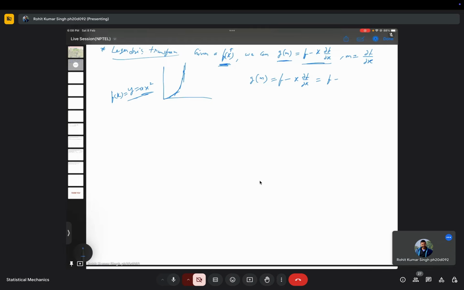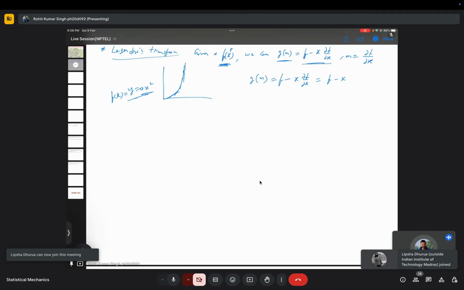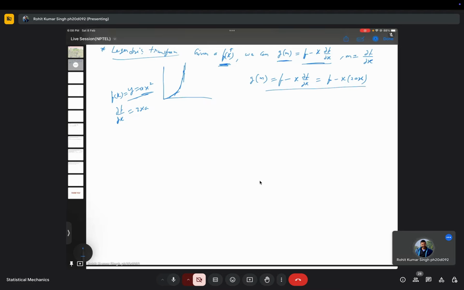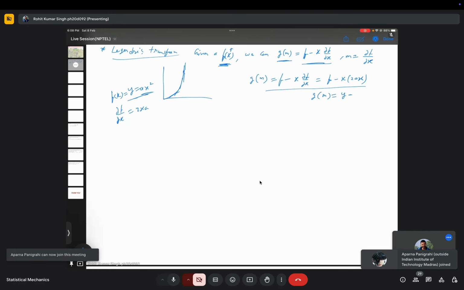So this g is basically f minus x times del f by del x, and if you differentiate, del f by del x is just 2ax. By doing some arithmetical manipulation, you will find that this is simply y is equal to minus a x square.